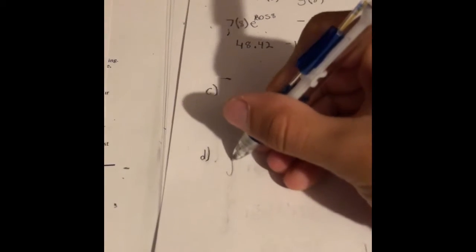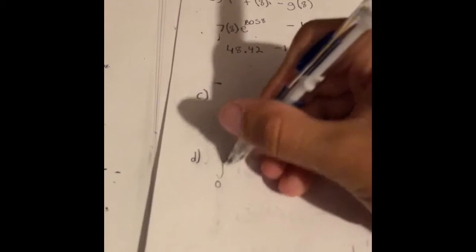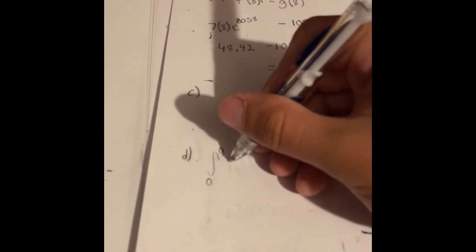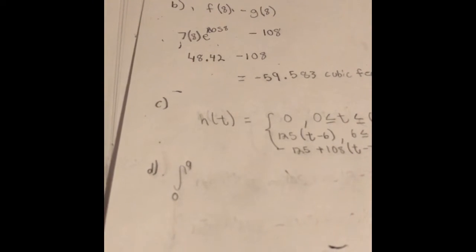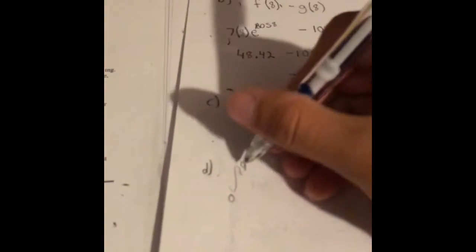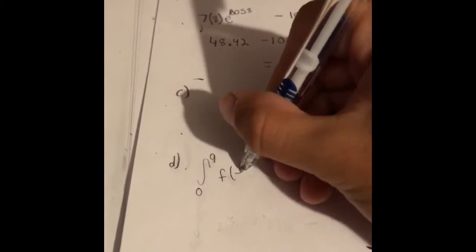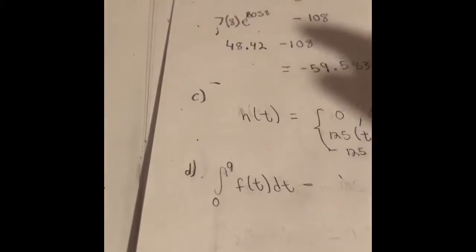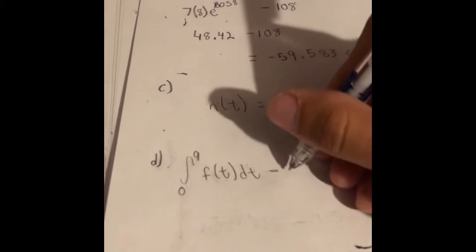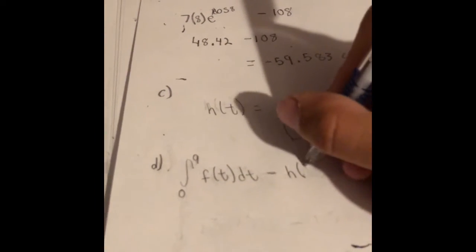Our boundaries are from 0 to 9 because we were looking at the feet of snow on the driveway at 9 a.m. So it's the integral of f of t dt minus the amount being removed, which is H of 9.